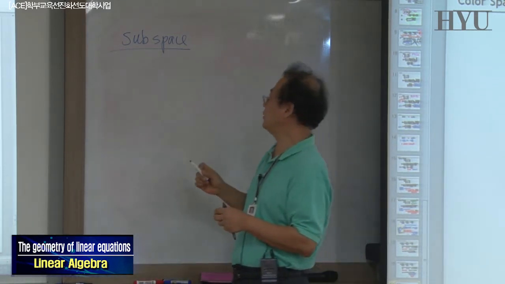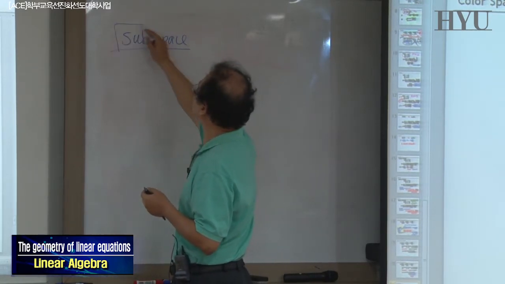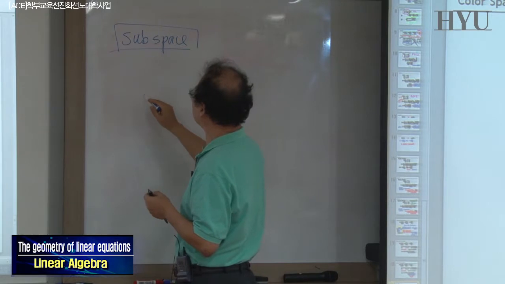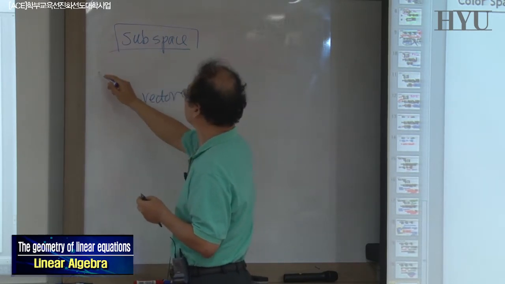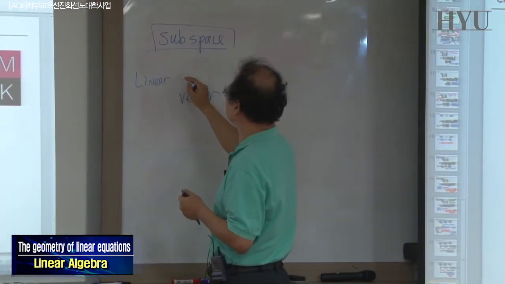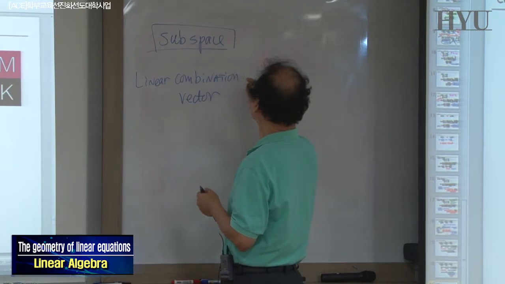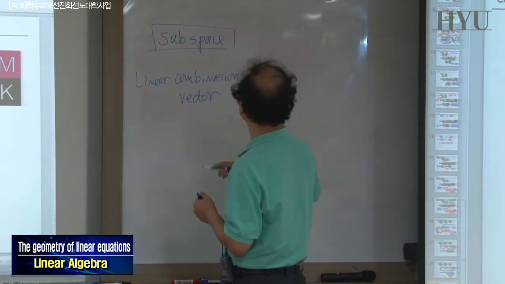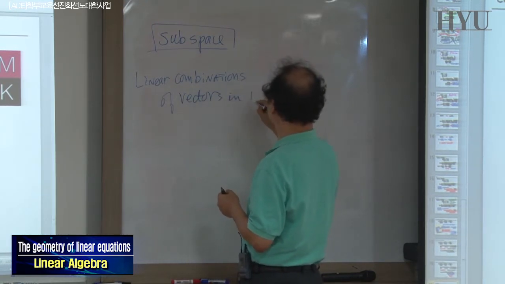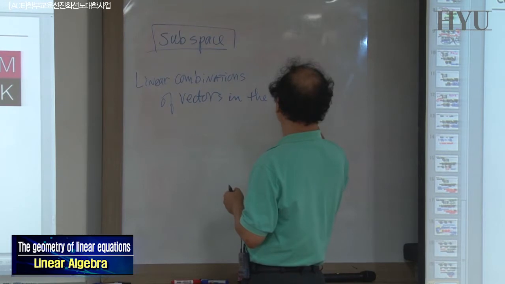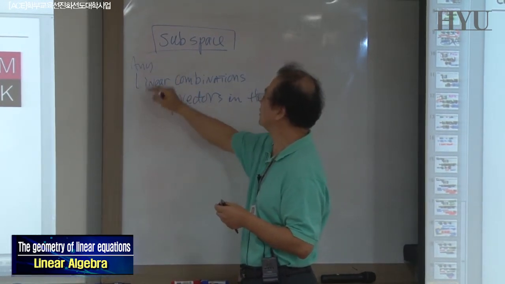For example, from the subspace, take whatever linear combination of vectors in the subspace. Any linear combination, right?